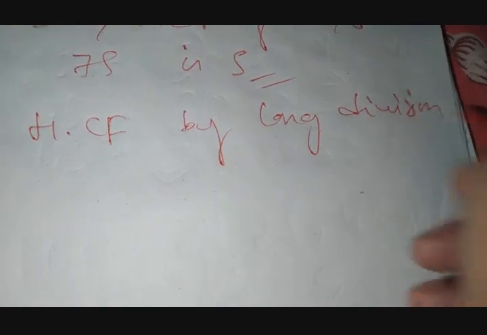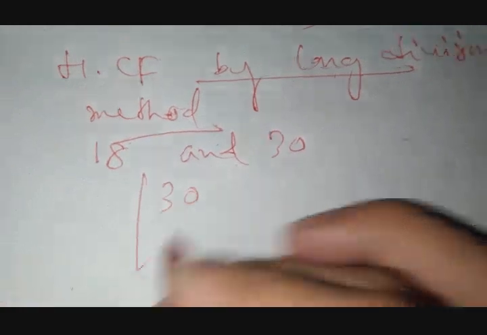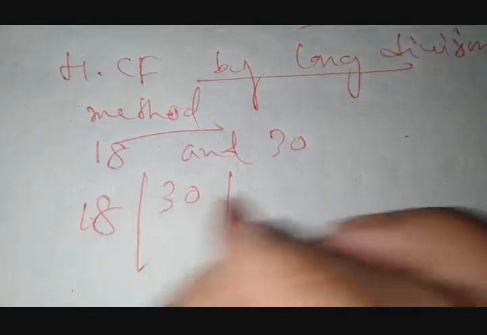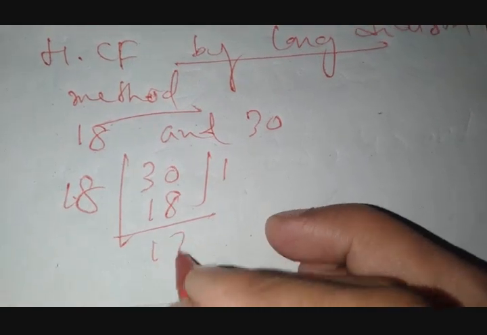See one example. See here, HCF by long division method. See, 18 and 30. First we'll divide 30 by 18. 18 ones are 18, and we get the remainder 12.